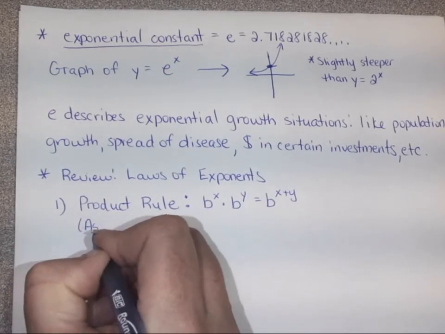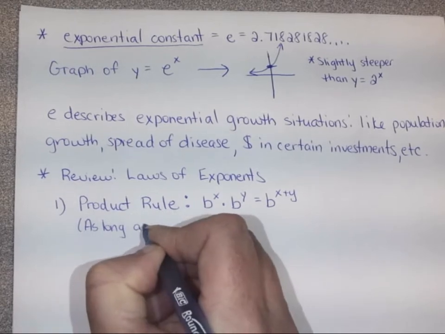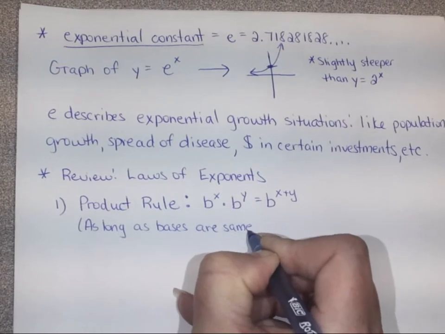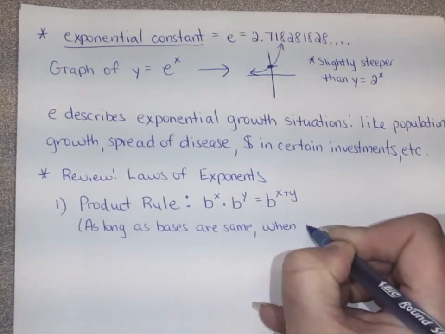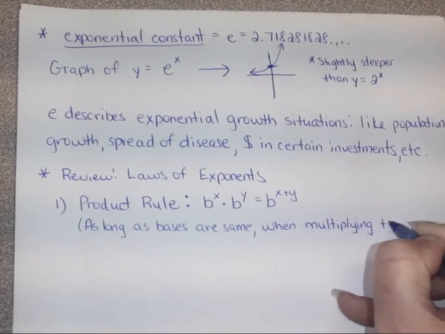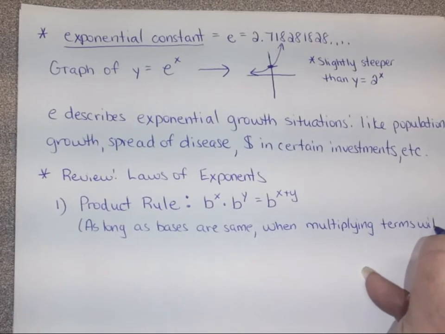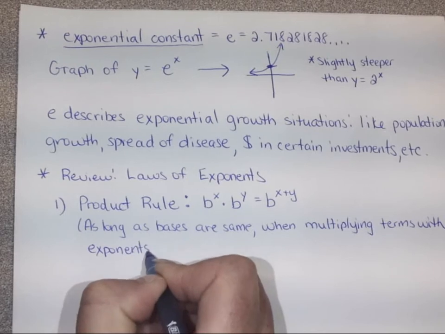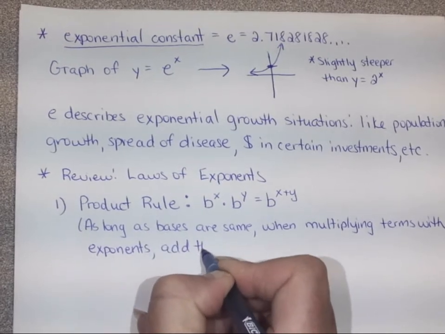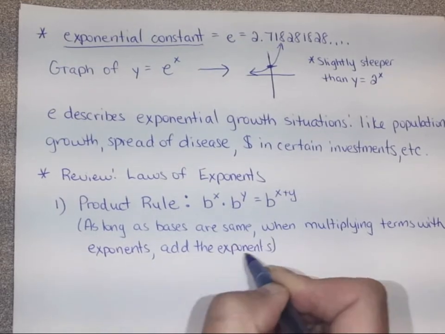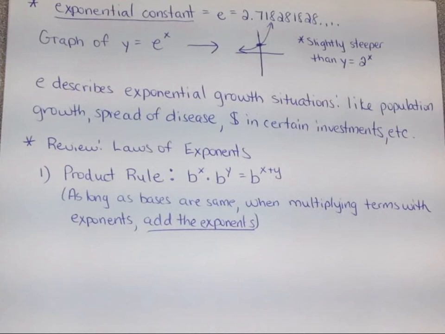So the rule says that as long as the bases are the same, when multiplying terms with exponents, just add the exponents. It is important to note that the bases have to be the same. If the bases aren't the same, you actually can't combine them at all.